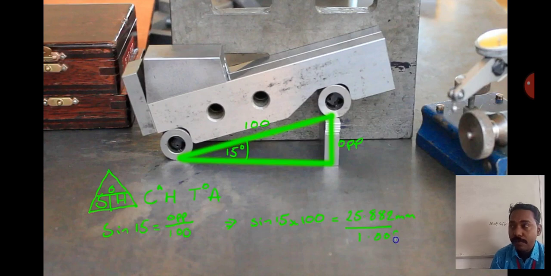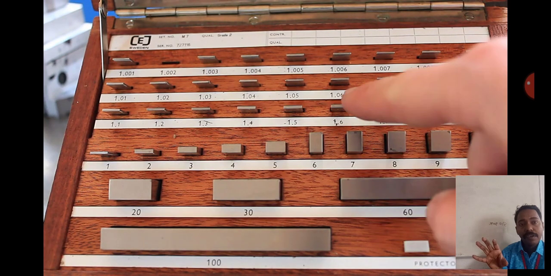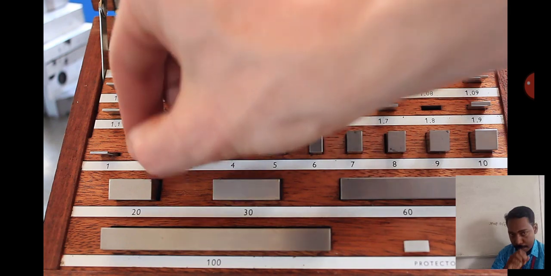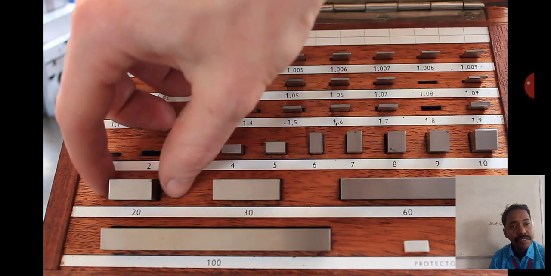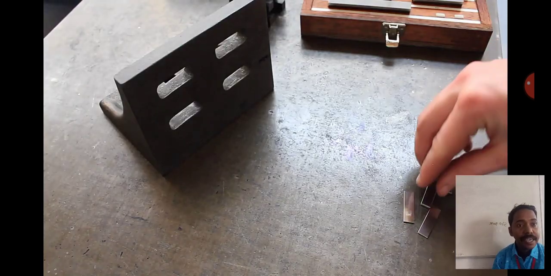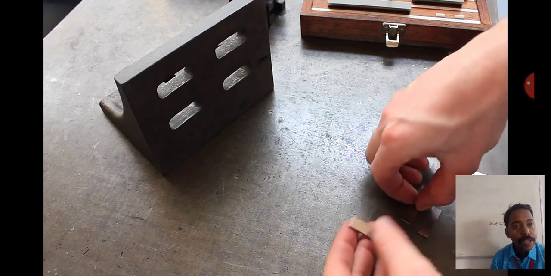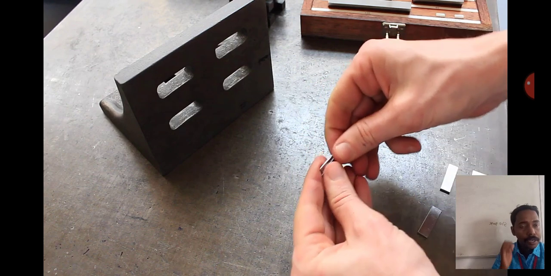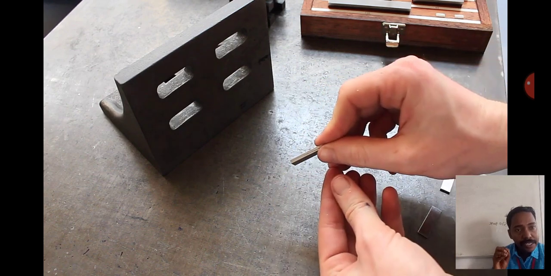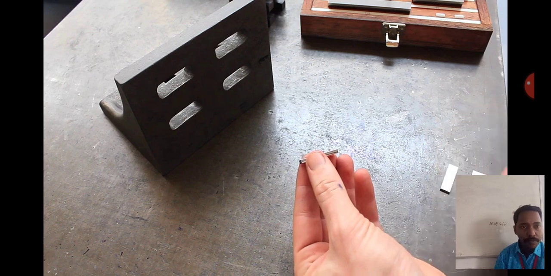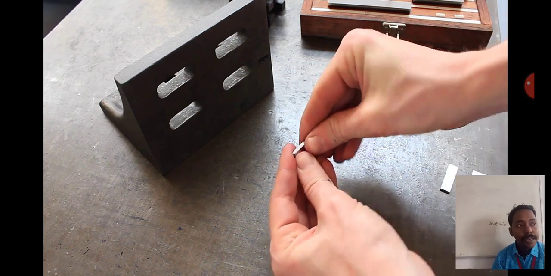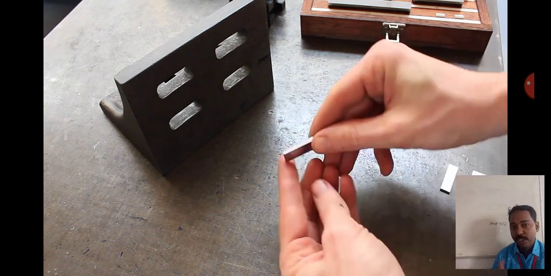Then you have to maintain the sine bar and also the slip gauge in a proper air conditioned room.